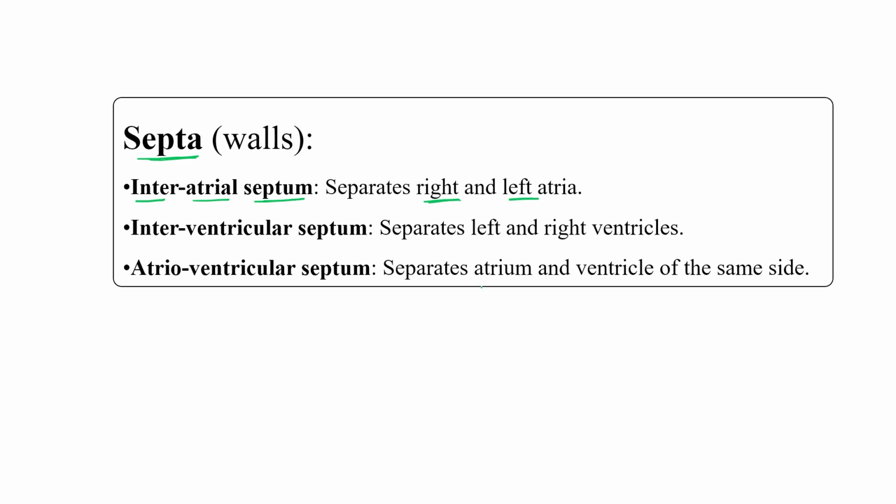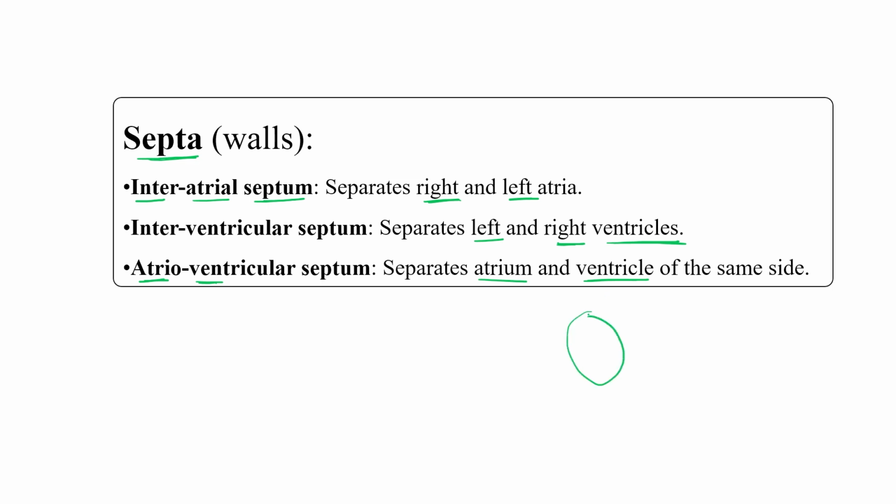The interventricular septum separates the left and right ventricles. But there is also an atrioventricular septum, which separates the atrium from the ventricle of the same side. So 3 types of walls are there.